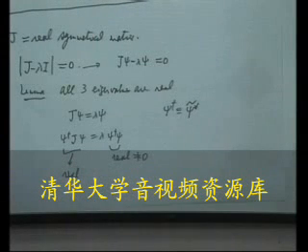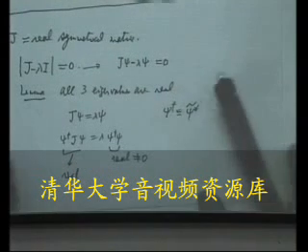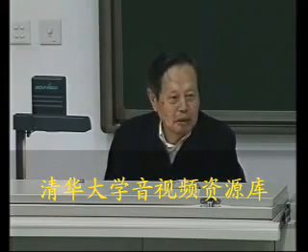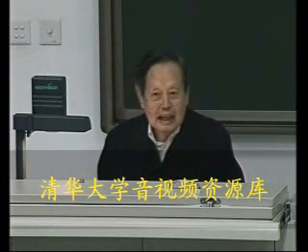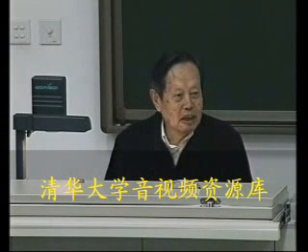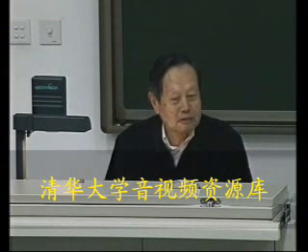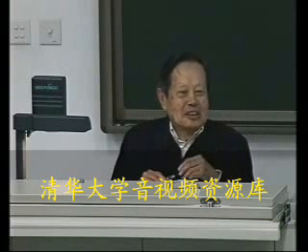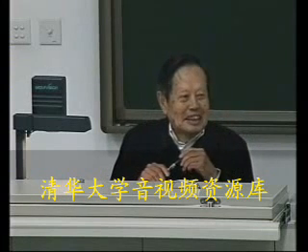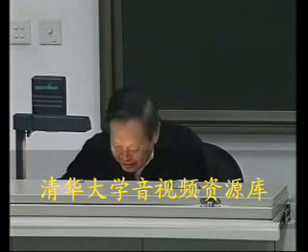Is that obvious? Think about it for a few minutes. It becomes obvious. If it's still not obvious, I'll give you a formal proof. But the formal proof actually is also very simple, but it's better to understand it intuitively.